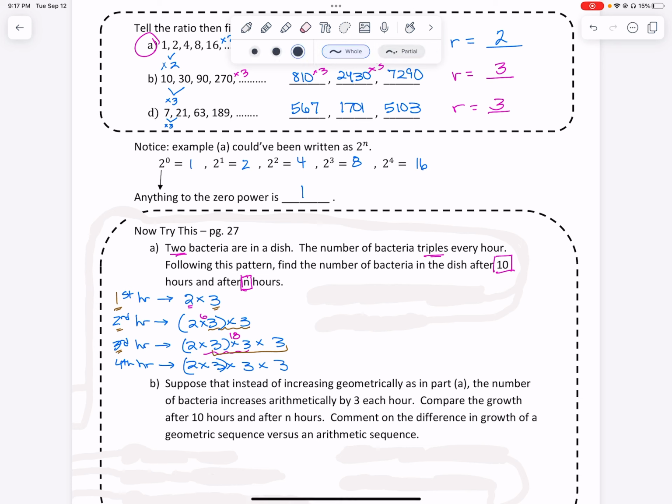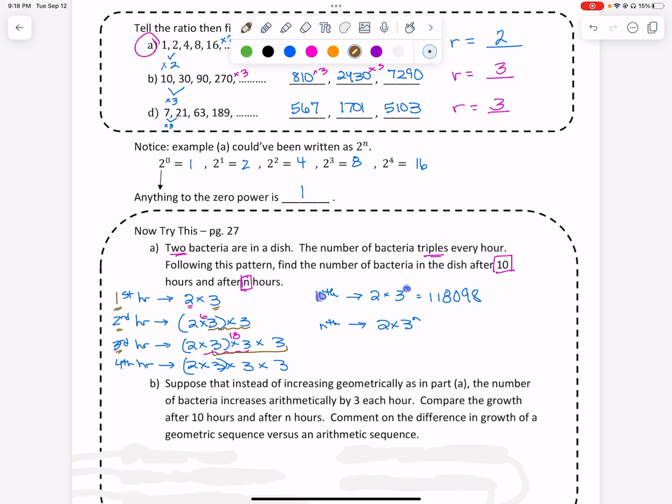So after 10 hours, I'm going to have 2 times 3 times 3 times 3, and so on, 10 times. Now notice, here's my 10th hour, I put the 10 there. So if that was an n, then it would be 2 times 3 to the nth power. 2 times 3 to the n.